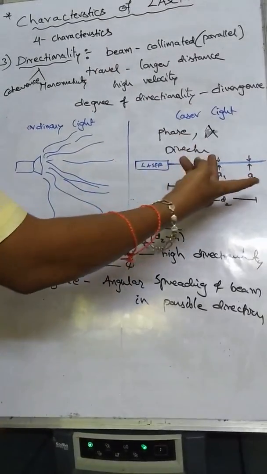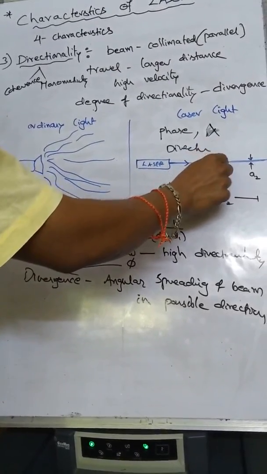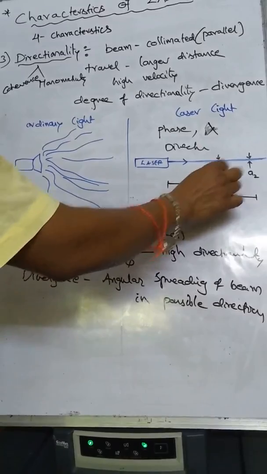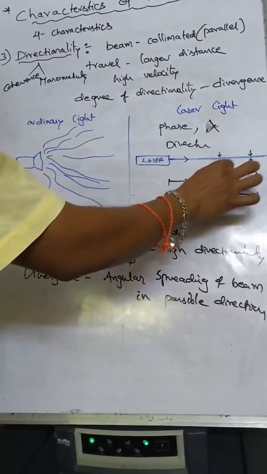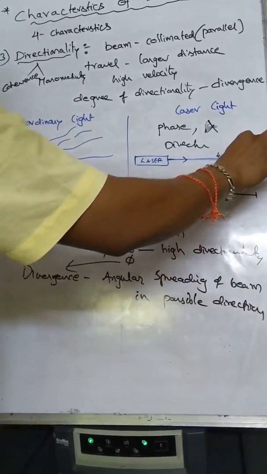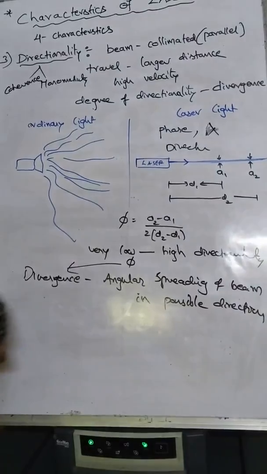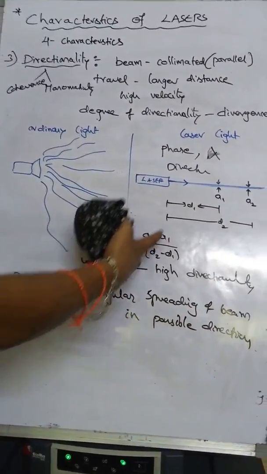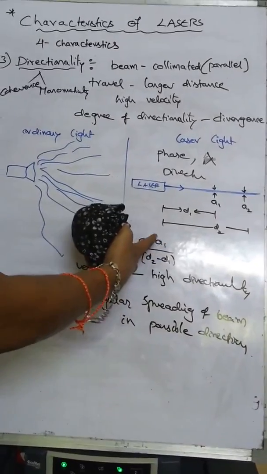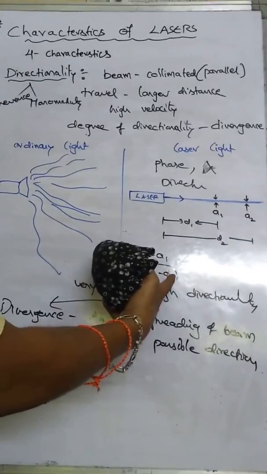If I consider the angular spreading of the wave at a distance D1, the diameter is A1, and at distance D2 the diameter is A2, then the angular spreading or divergence is given by a value where, applying mathematics, the numerator is very low, in the order of nanometers, and the distances in the denominator are very high.